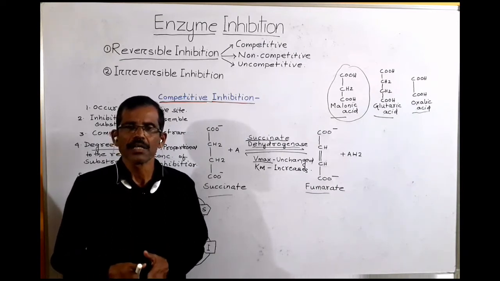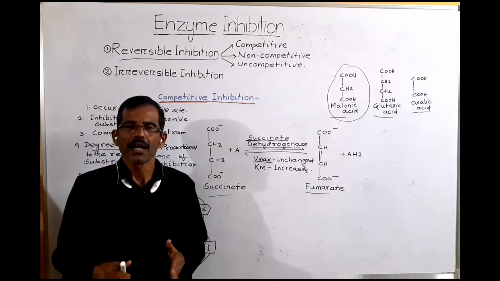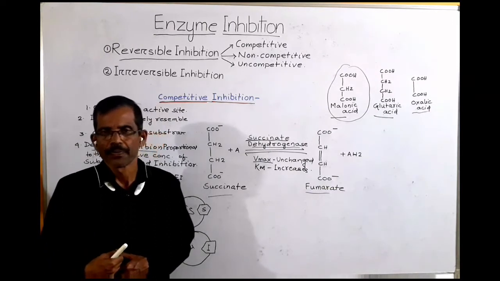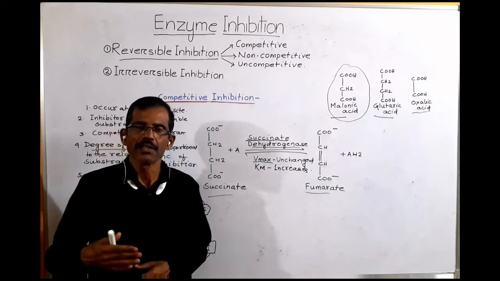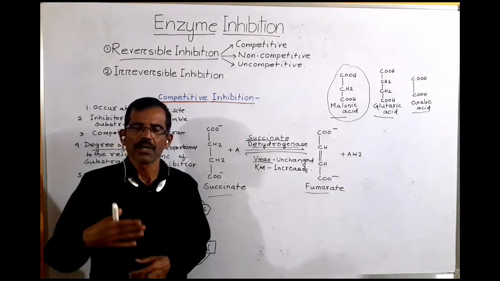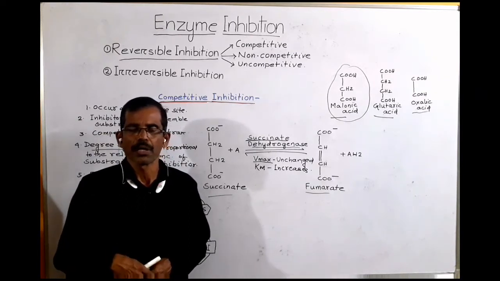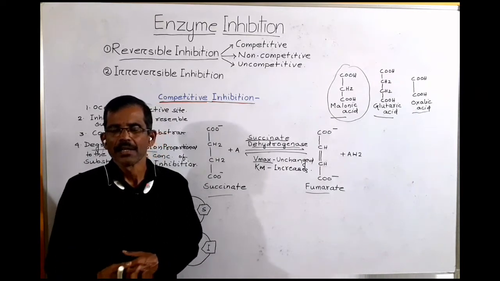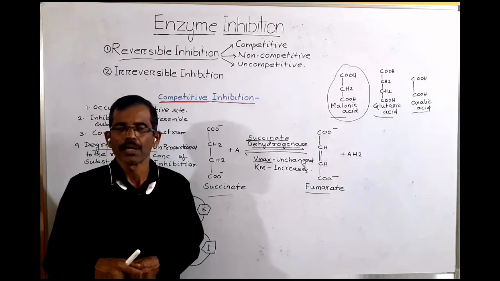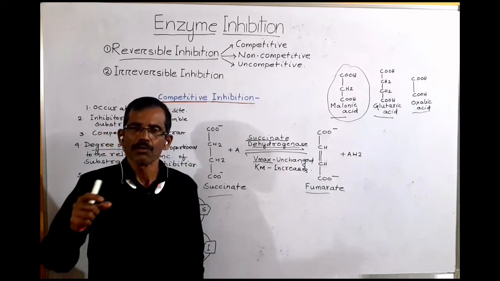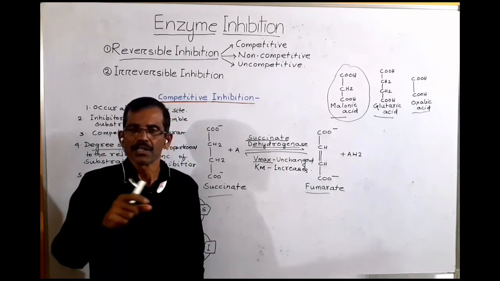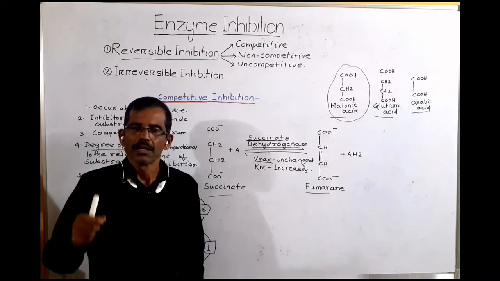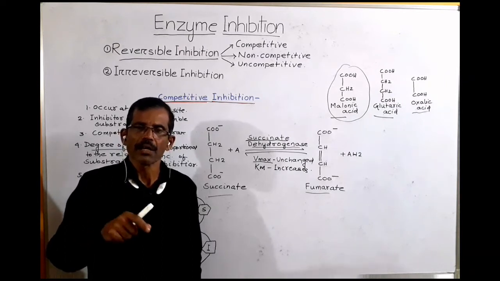Alcohol dehydrogenase is an enzyme that catalyzes the conversion of methanol into formaldehyde. And formaldehyde is highly toxic. It damages various tissue systems in our body, particularly optic tissue, which results in blindness. In case of methanol poisoning, through an intravenous infusion of ethanol, the severity of the poisoning can be reduced because ethanol closely resembles methanol.